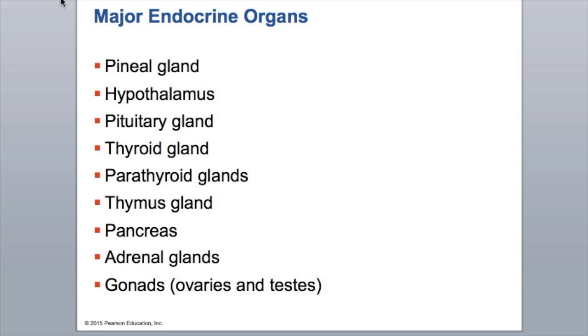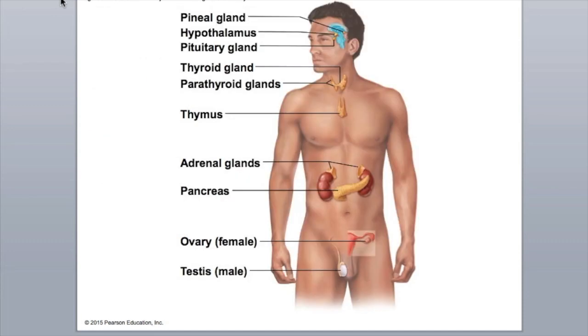All right, these are your major endocrine organs. These are your major players: your pineal gland, your hypothalamus, pituitary, thyroid, parathyroid, thymus, pancreas, adrenals, and your gonads. From top to bottom, this is where they are.